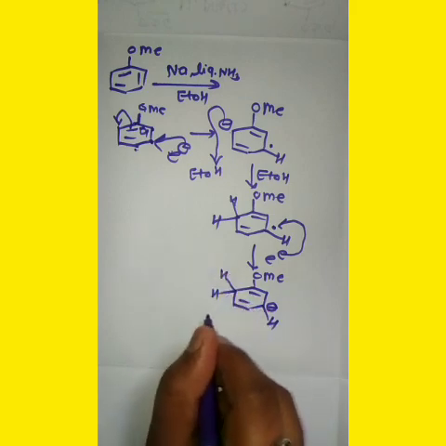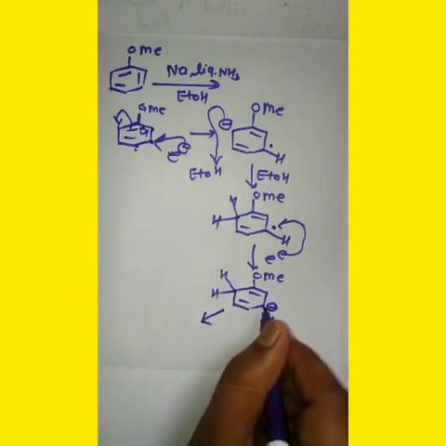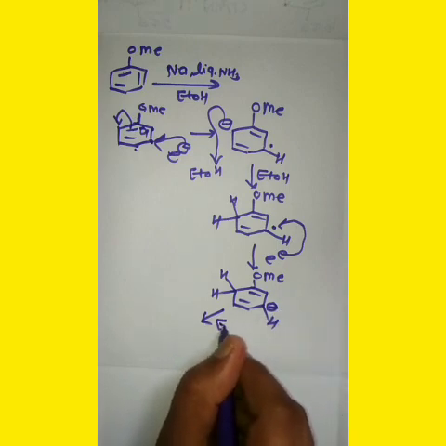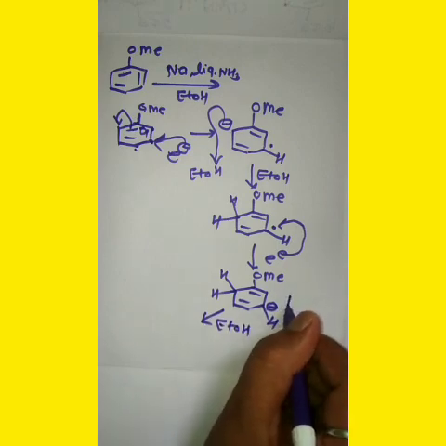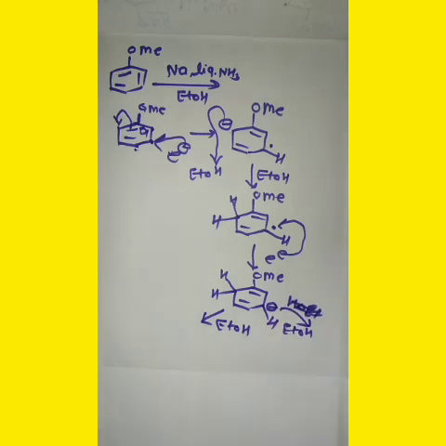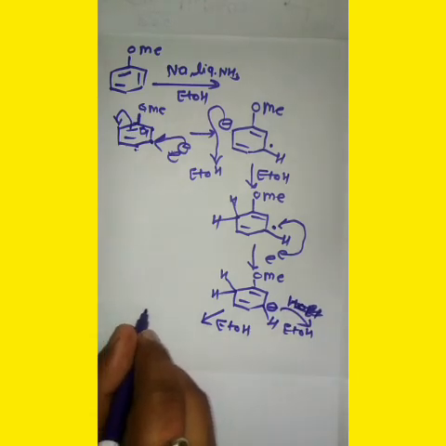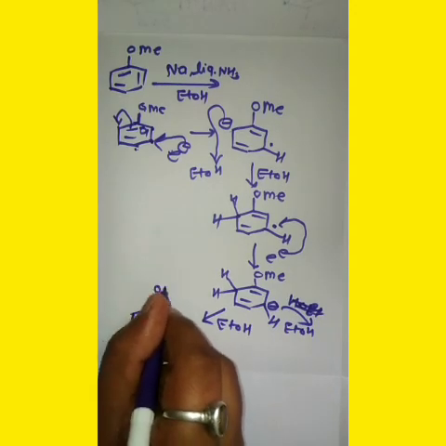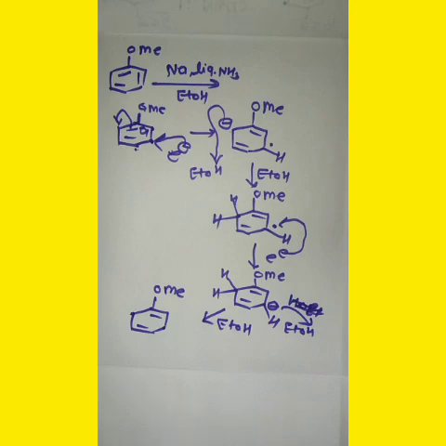After that, this anion abstracts the proton from the solvent, or ethanol, the OH. It abstracts the proton from the solvent, and we get the final product. So that's why we can say that the ortho and meta positions are reduced in the case of electron donating groups.